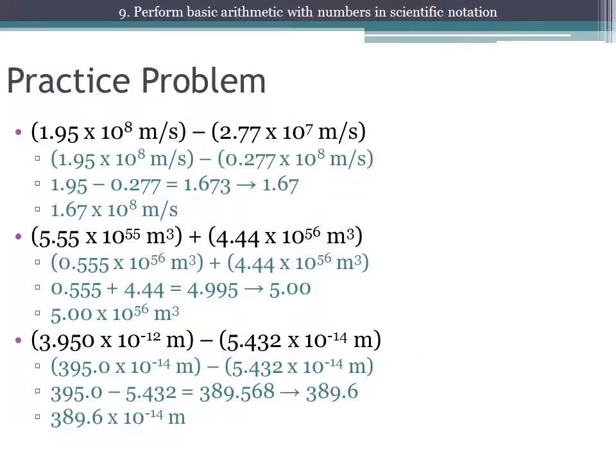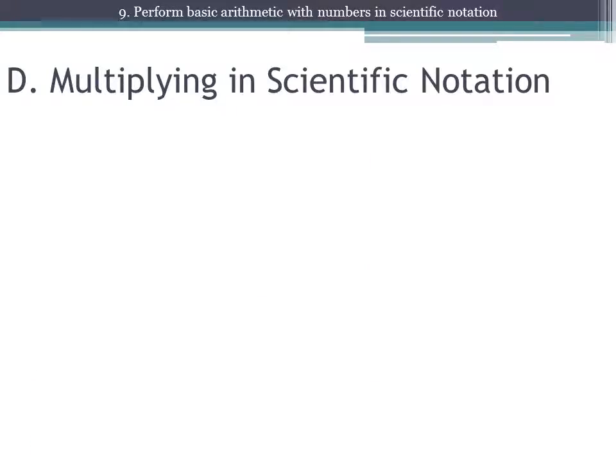And then leaving my exponents the same, 10 to the negative 14th, that gives me 389.6 times 10 to the negative 14th meters, which you can see I'll now have to move the decimal to the left 2 places to get it in a proper location, leaving me with an answer of 3.896 times 10 to the negative 12th meters. So that's addition subtraction.